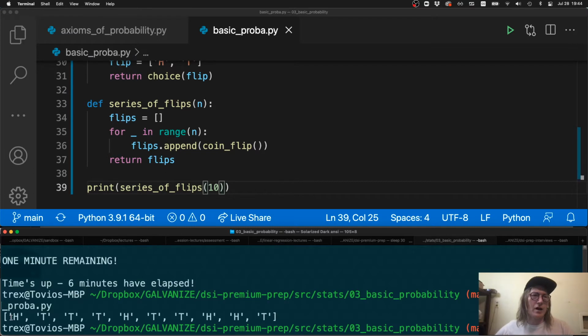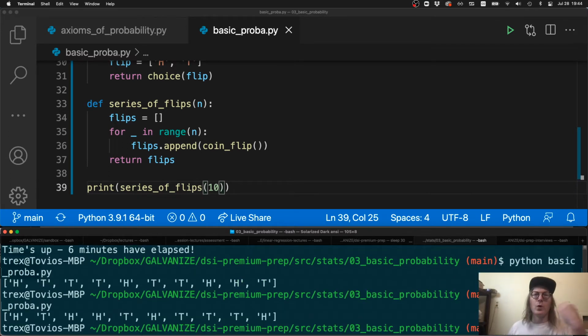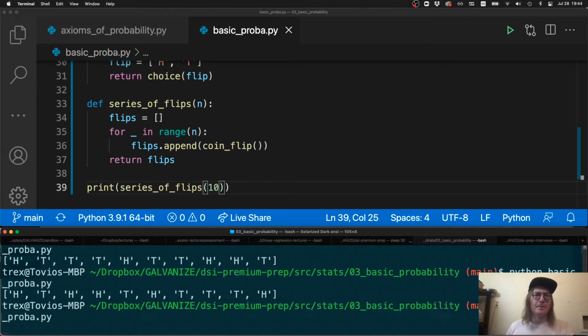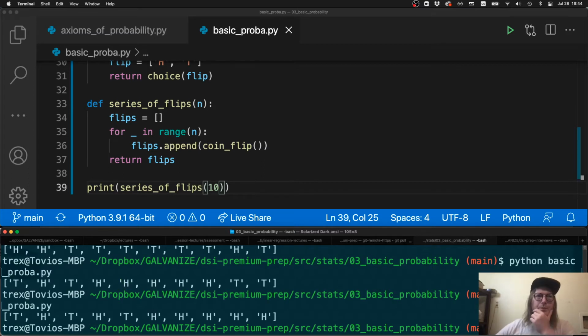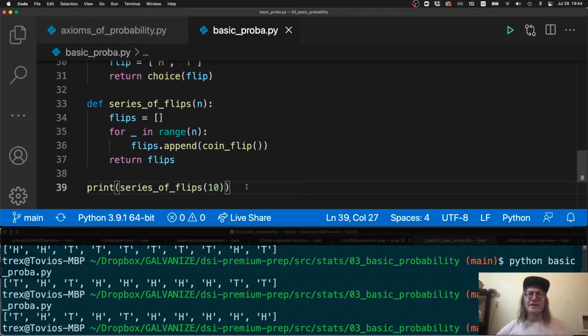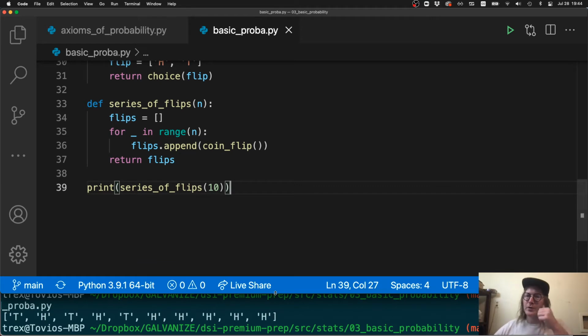So here's one outcome: heads, tails, tails, tails, heads, tails, tails, heads, heads, tails. And of course, if I do this again, we're going to continue to see different outcomes. So we can expand on this idea a little bit, and take a slightly different view of probability.